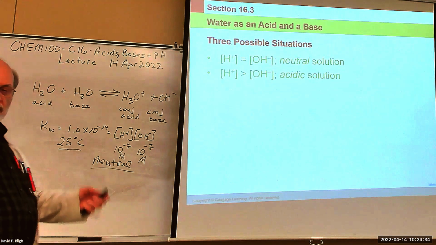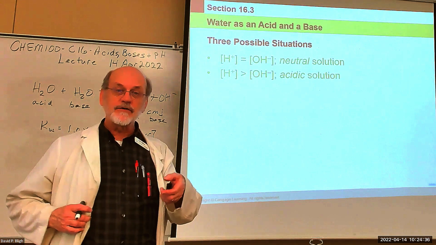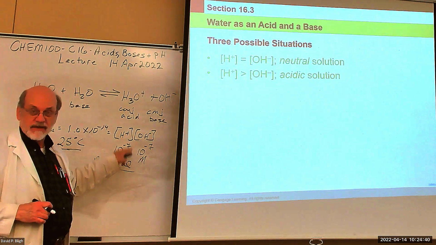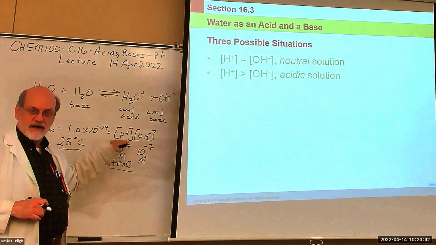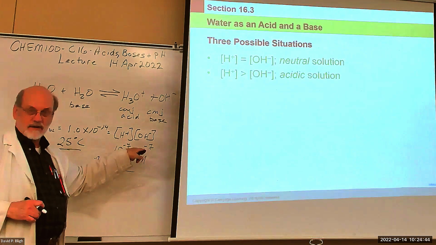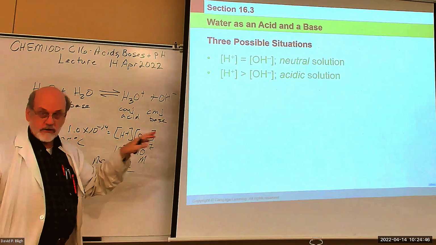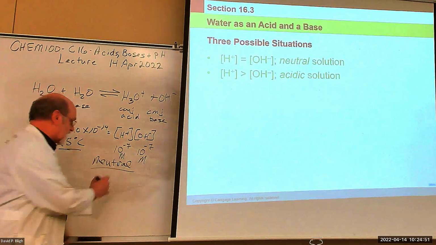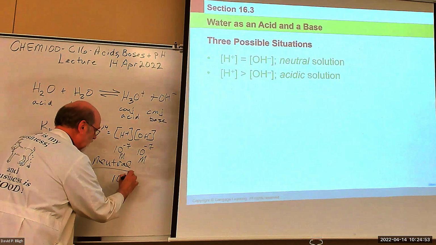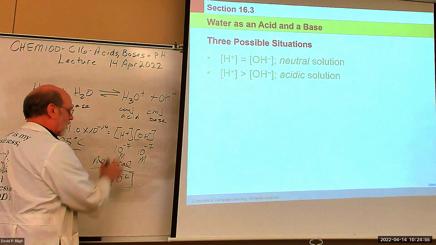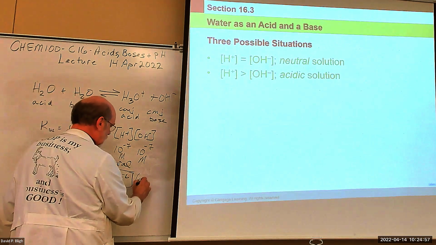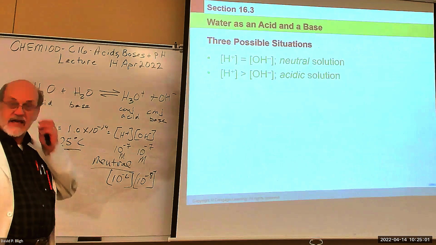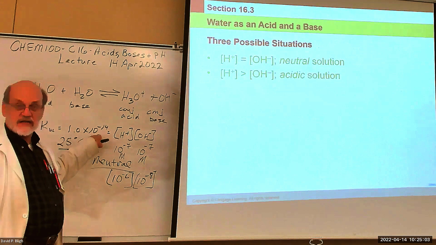If we put something in the solution that favors the acid, this one, makes this one bigger, what happens to that one? Well, remember, this reaction is always going on. So that means if this one is, say, 10 to the minus 6, because we added some acid to it, what does this one have to be? It has to be 10 to the minus 8 to make that 10 to the minus 14.